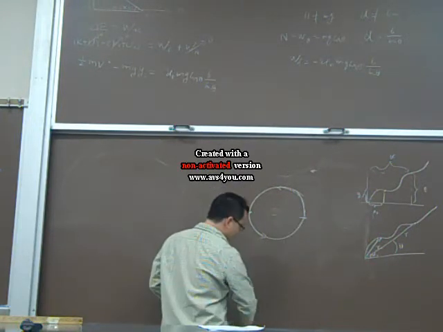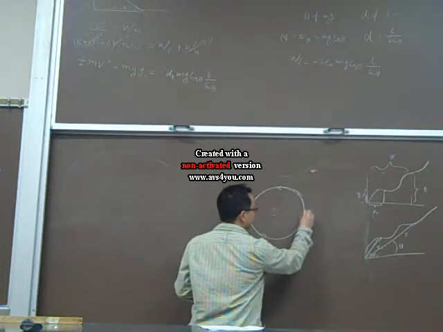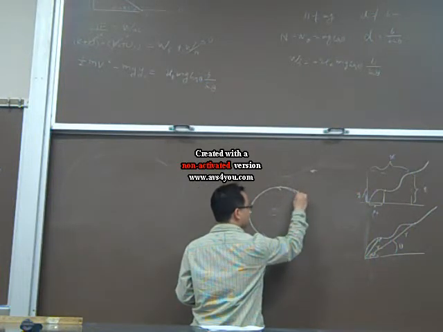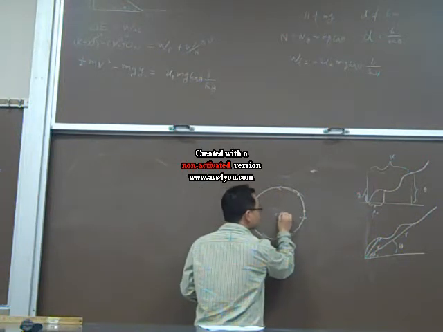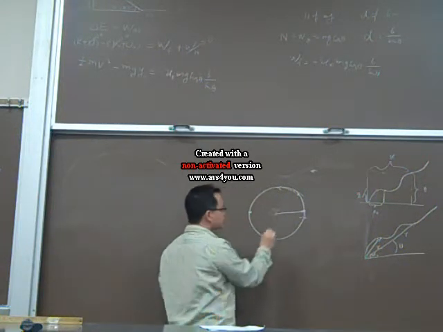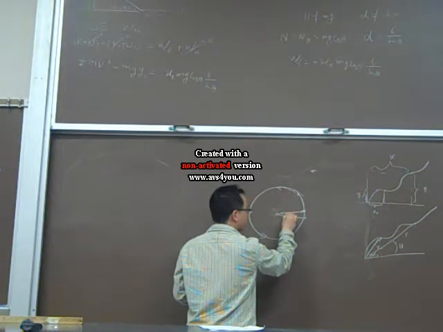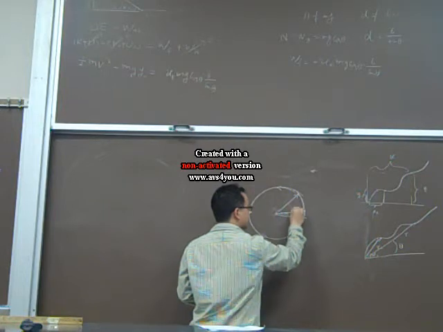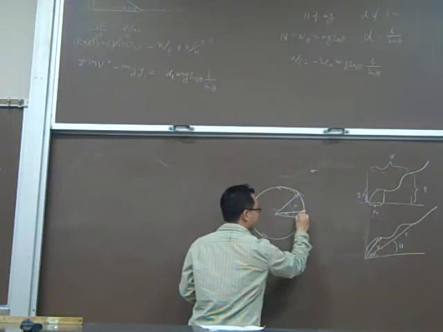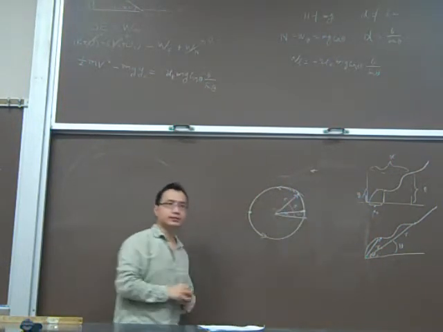For example, it starts from here, that's our initial point, that's our final point. The initial radius is this one, this is the initial angle theta naught. The final radius r is this one, and this is the final angle. So this is r0, then this is r.